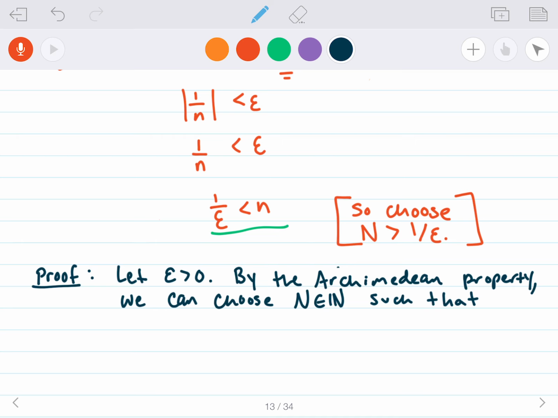It said, you give me a real number, I can find a natural number bigger than it, okay? And that's where this is coming from. You gave me an epsilon, guess what? I can find a natural number bigger than 1 over epsilon, okay? Any number, 1 over epsilon. So we can choose capital N such that N is greater than 1 over epsilon, okay?